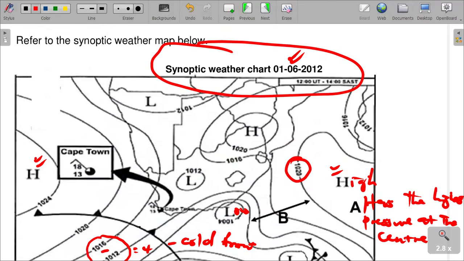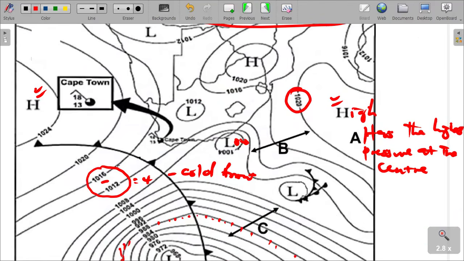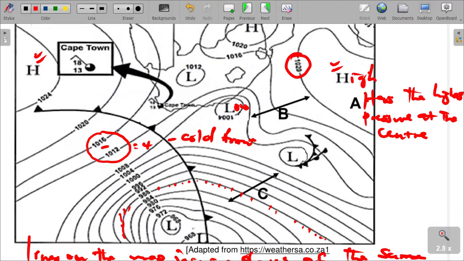June is winter. We can also see the presence of the cold front that I talked about, which influences the weather of Cape Town.